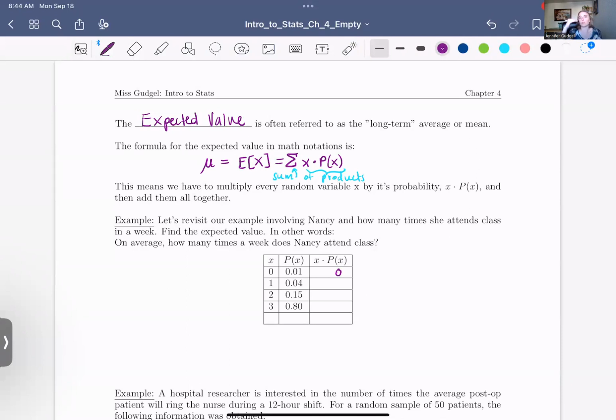So 0 times 0.01 is 0. Now we go to the next row. The probability of x being 1, her attending class 1 time, is 0.04. So 1 times 0.04 is 0.04.